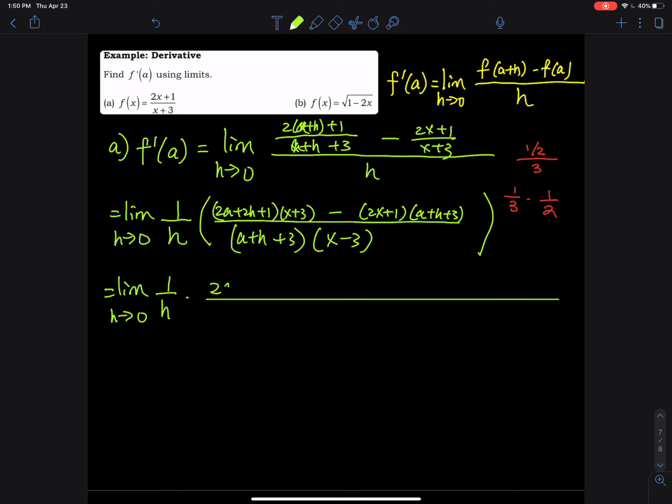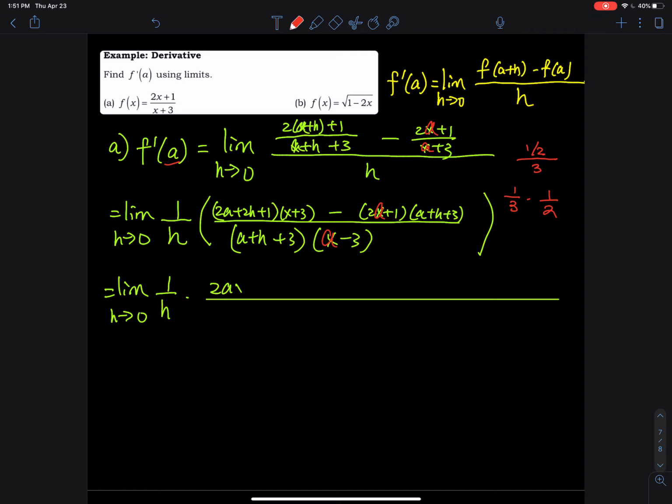I keep writing x. So let me fix this. I use a, right? So I have to replace the x with a, x with a. I keep writing x. Did I fix all of them?